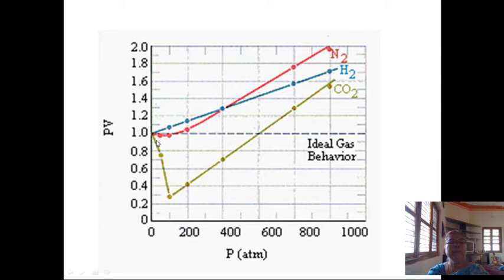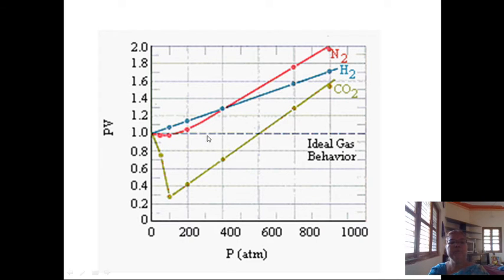Here, in case of CO2, the PV values at first decrease with increase in pressure, reach to the minimum and then increase with increase in pressure. Okay, at high pressure here, all gases show large deviation from the ideal behavior.